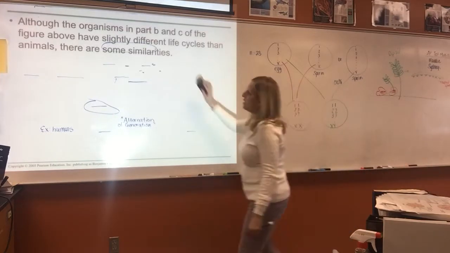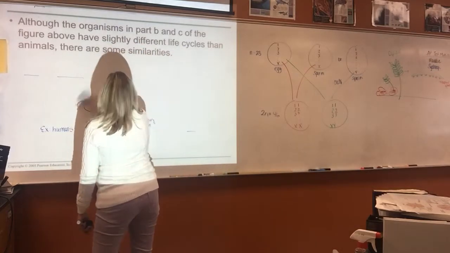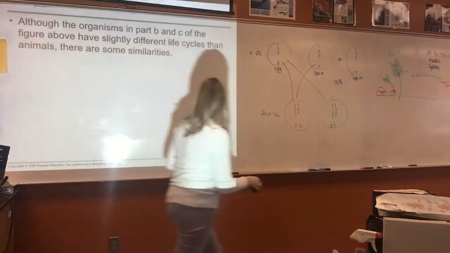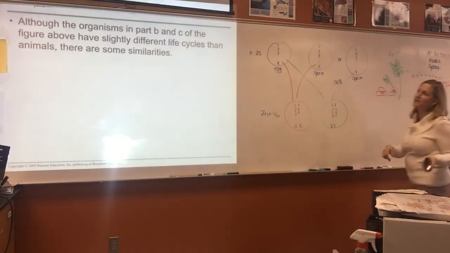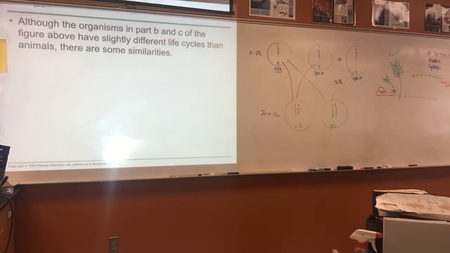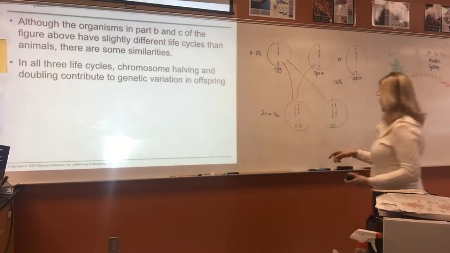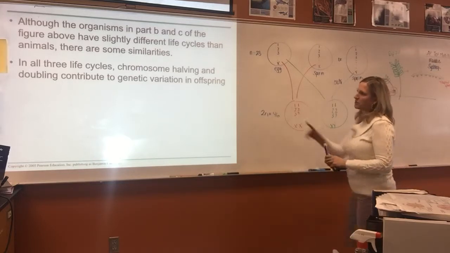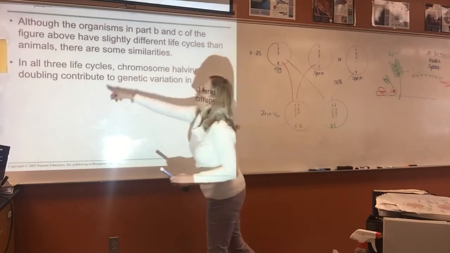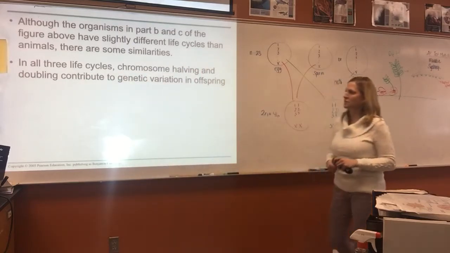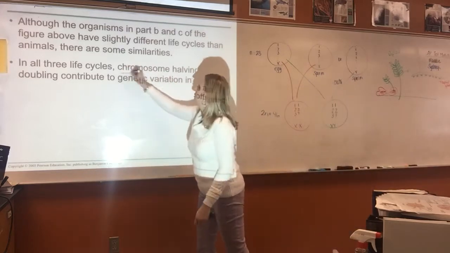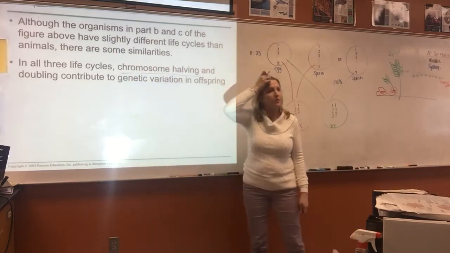So we're just going to write here about the similarities and differences. The organisms in B and C, the plant and the fungus, have slightly different life cycles. There are some similarities. They reduce their chromosome number by half, and chromosome halving and doubling contribute to genetic variation in offspring. Chromosome halving, what part of the life cycle is that?